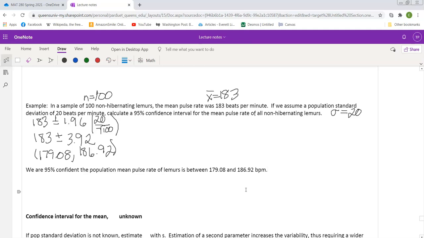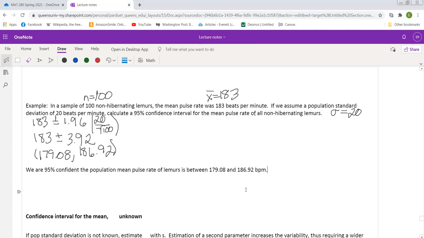You may have heard the old movie, it's a movie called Love Story, where they say love means never having to say you're sorry. Well, statistics means never having to say you're certain, but also never being able to say you're certain. So you have to put in there that this is not a certainty. This is only a 95% certainty.